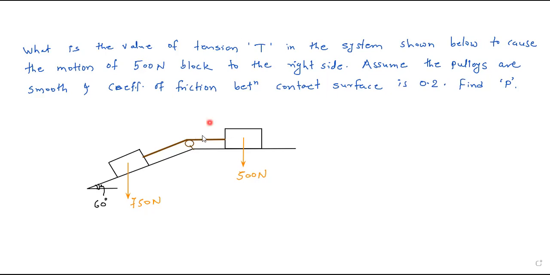But what they have told us is to assume that pulleys are smooth. If the pulleys are smooth, then there is no friction. That we need to assume. So friction is not there between pulley and rope.